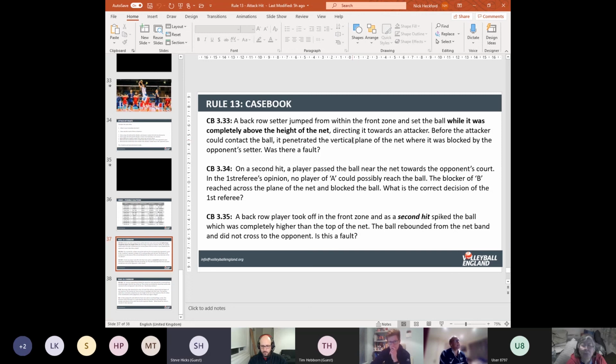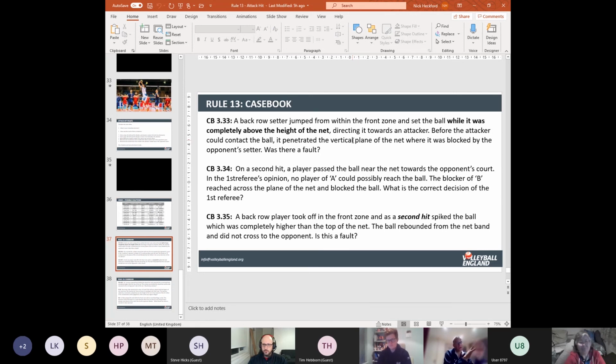Well, yeah, but I think what they're trying to get across is that say the setter is a couple of feet off the net, and they're trying to set the ball to their attacker on a wing position, but instead of setting the ball parallel to the net, they've actually set the ball towards the opponent's court.